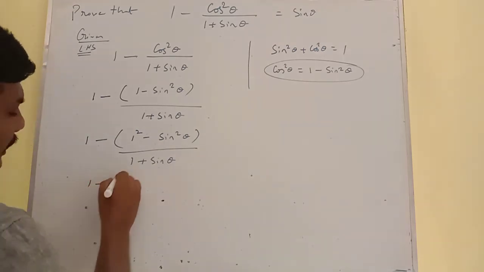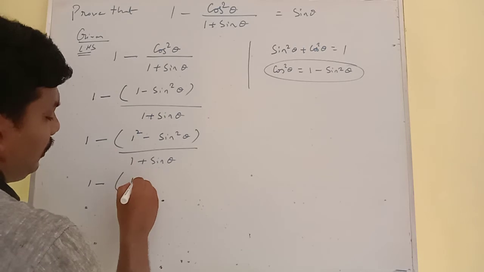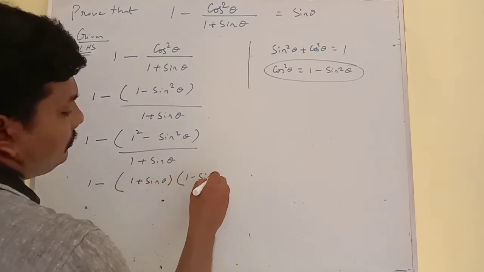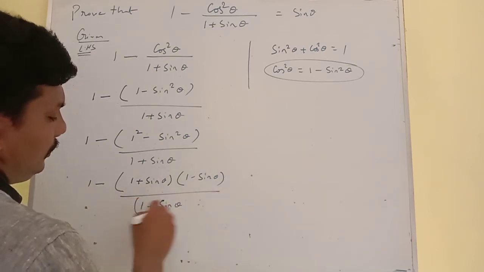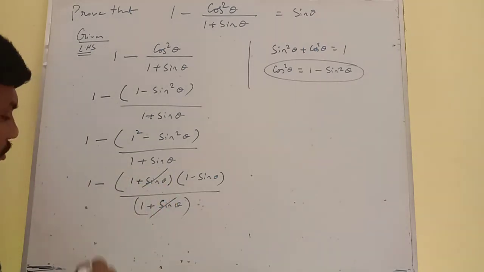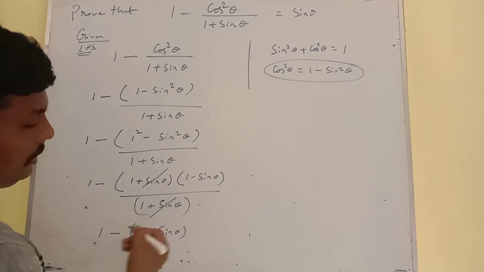This is a plus b into a minus b, 1 plus sin theta by 1 minus sin theta. So here 1 plus sin theta and 1 plus sin theta get removed. So now 1 minus sin theta remains.